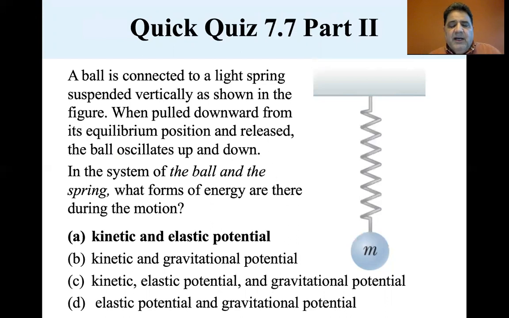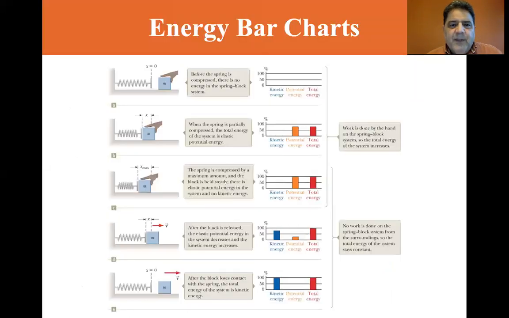In other words, if we're just looking at the spring, it's just kinetic and elastic potential energy. That's a little more related to the horizontal one, because there is gravitational potential energy, but they're talking about the system of this ball and spring.